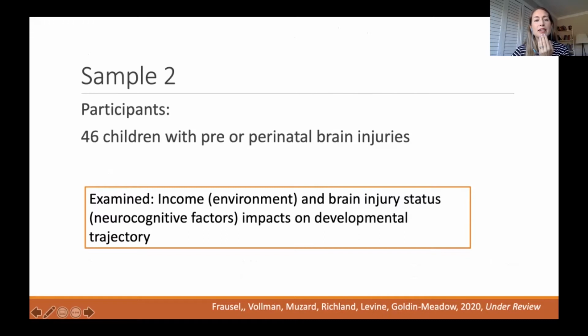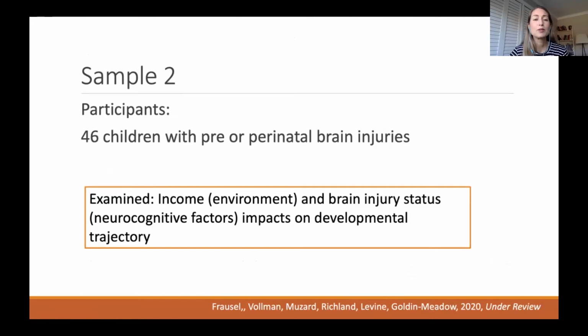So to get at a little bit more of the relationship between environment and the maturation of brain development, we took a second sample. We have the same data for a sample of children with pre or perinatal brain injuries, a slightly smaller and slightly less diverse sample.